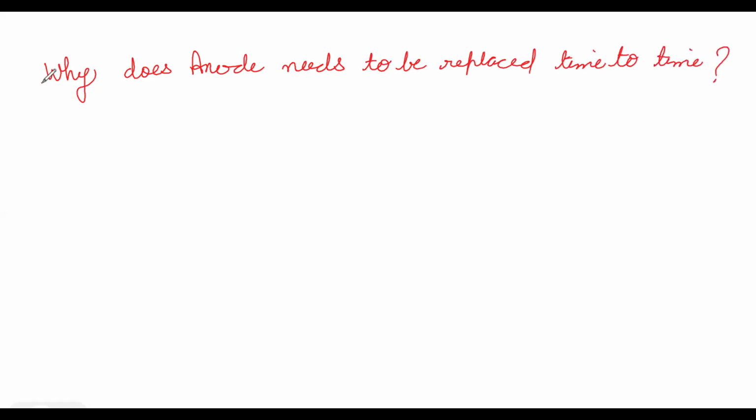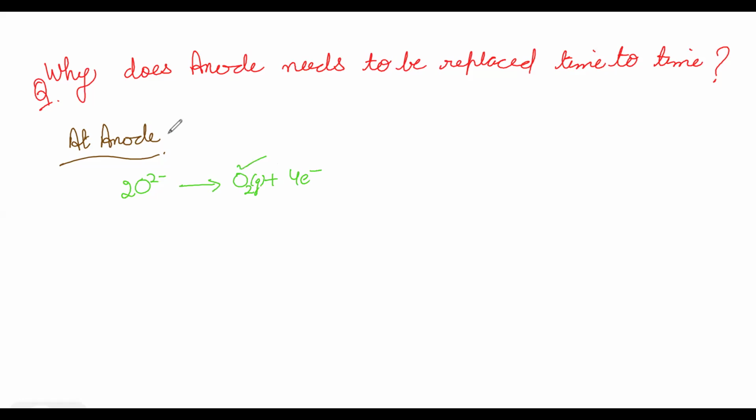This is the question which comes in exams also. So do you remember, dear children, what happened at anode was, because of anode being positively charged, the oxide ions get attracted to it and their oxidation happened. So oxide ions lost their electrons and got converted to oxygen gas.